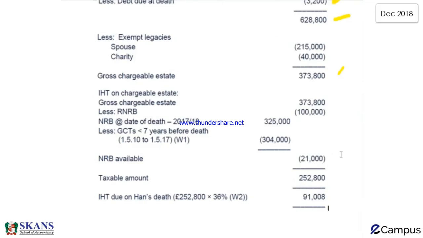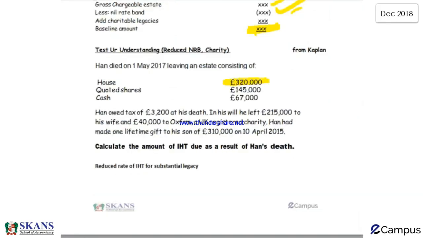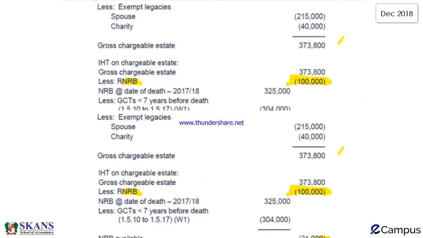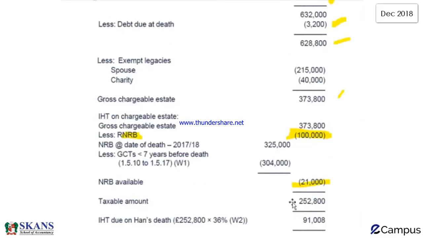So with this 21,000, this is the available nil rate band. So that's why we are applying this additional nil rate band. So after application of nil rate band, we have gross chargeable estate of 370,800. If we deduct nil rate band, the taxable amount is 252,800.